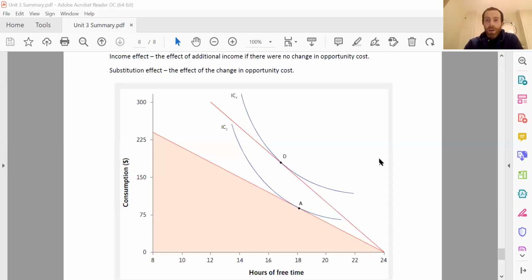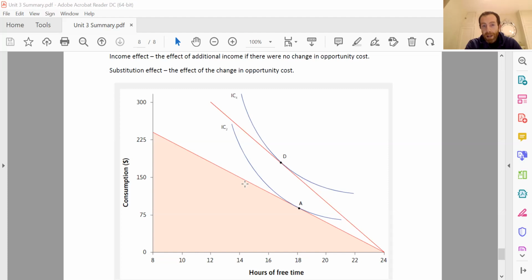Okay, so let's finish up by talking about this idea of the income effect and the substitution effect. So these things are relevant when we want to think about something changing that could affect the decision of a person, right? So we're still thinking about the same sort of model here where we've got consumption and free time.